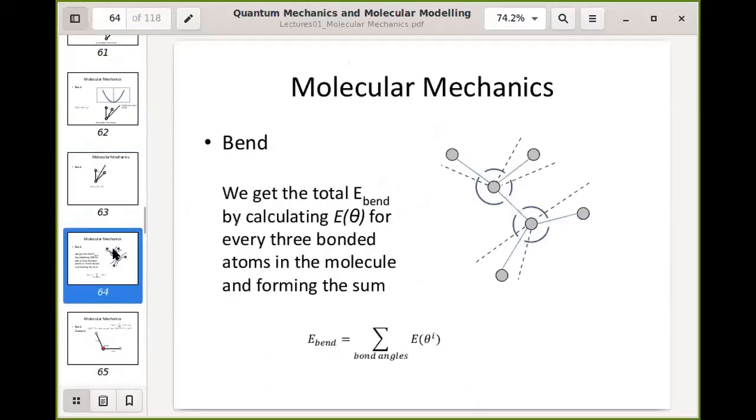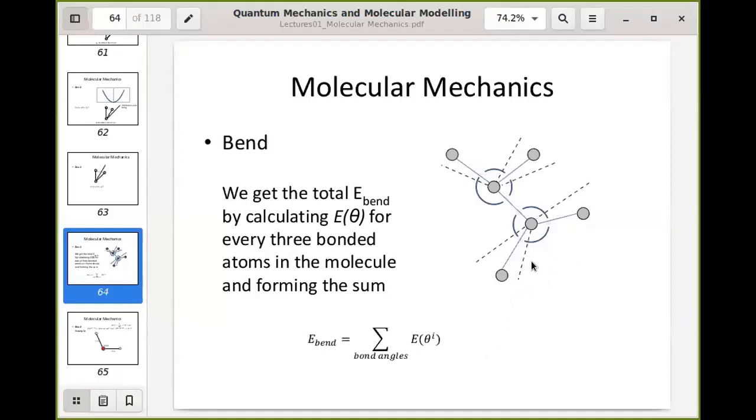Don't forget with bend terms that a molecule will have many angles in it. So here is my molecule, and you can see there are 6 angles in that molecule, and so we would have to add 6 values together, bearing in mind that if these atoms are all different, these angles may have different K values, and they may also have different equilibrium angles.